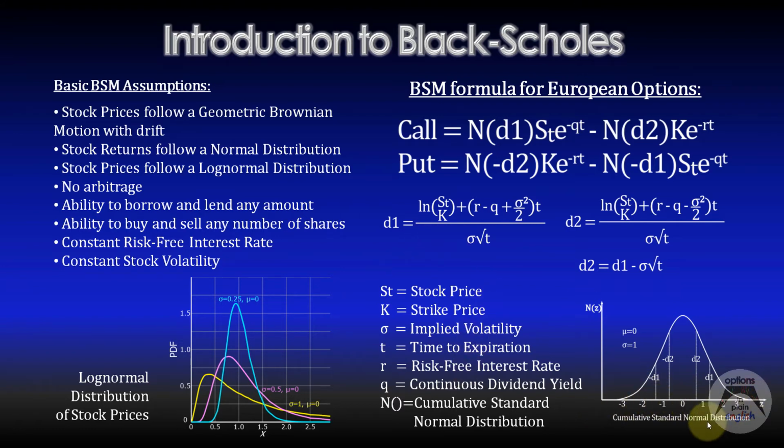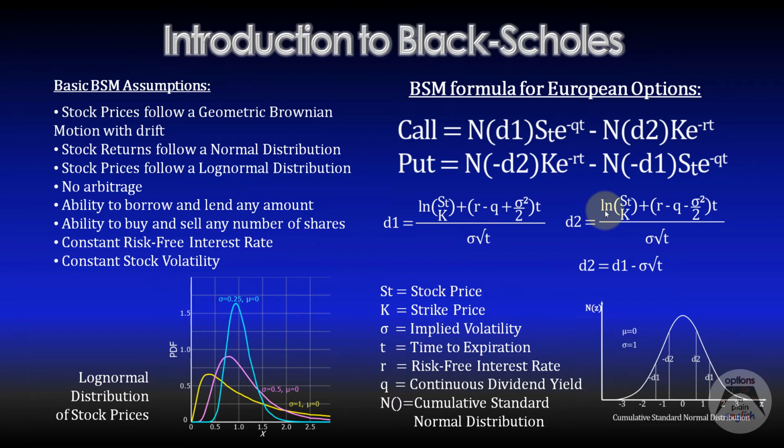So if D1 was, for example, 1, or 1.5, which is what I have here more or less, you would calculate the area under the curve. And that's going to give you a number between 0 and 1, because the total area is 1. And that number then needs to be multiplied by the stock price and so on to get the value of the call.